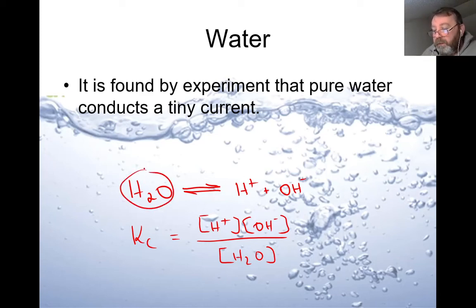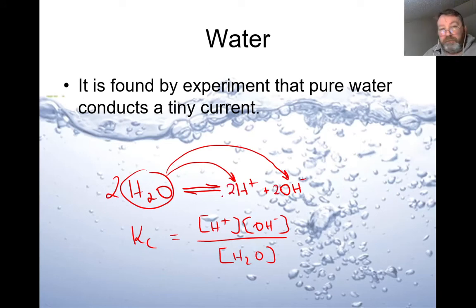One molecule breaks up into one H plus and one OH minus. 2 would break into 2 and 2. 20 would break into 20 and 20. A million would break into a million and a million. So therefore, what I'm trying to tell you is this. The numbers of H plus ions and OH minus ions that are produced are always going to be the same. They'll be equal. And if you have an equal number of H plus and OH minus ions, that's the reason why we describe water as being neutral.